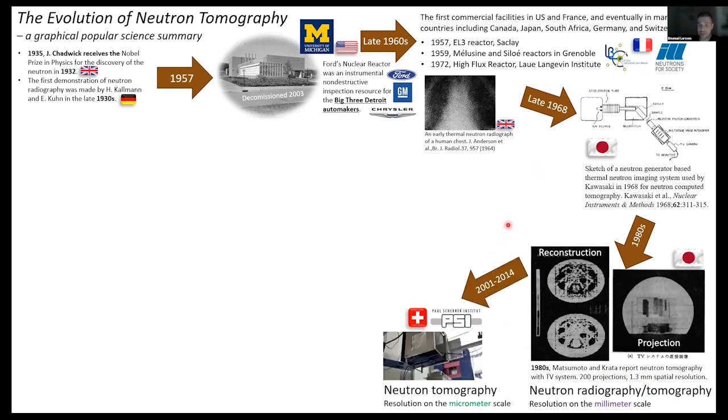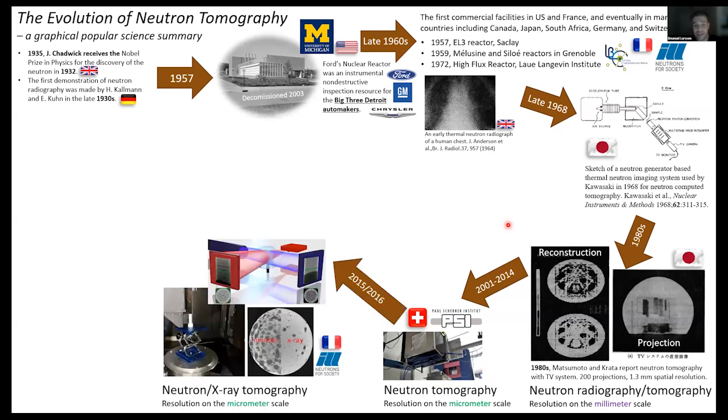And then as the evolution continued, one would also have neutron tomography, meaning 3D, at these neutron facilities. And today they even combine them with X-ray. So you can have neutron tomography, neutrons in one direction, and at 90 degrees toward the neutron beam you can have a small X-ray source.